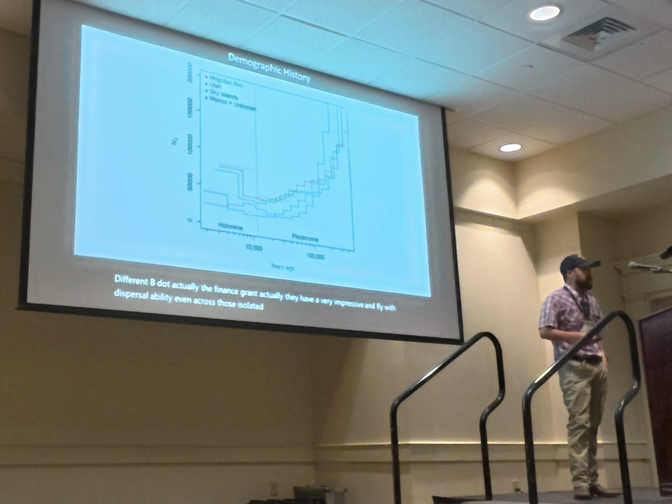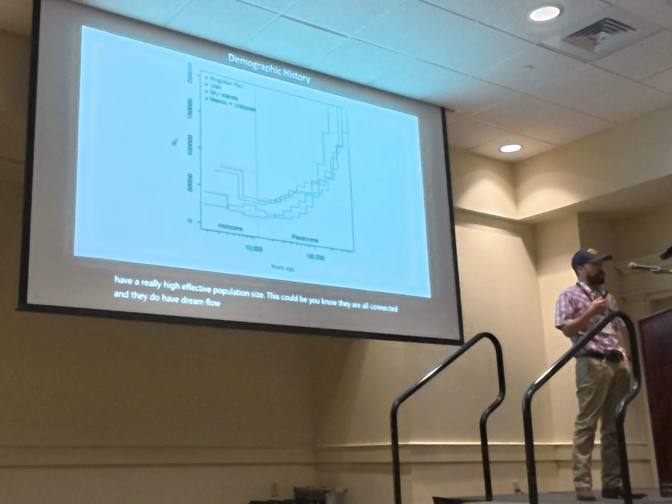The next thing we can do is show the demographic history. This is the MSMC plot, and it shows how the effective population size has changed over time across 4 different regions. We can see that during the Pleistocene, all populations had a really high effective population size. This could be because they were connected or had gene flow.